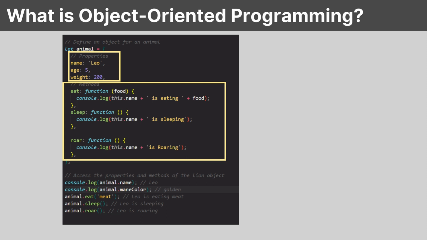Now, as you can see, we can use the dot notation to access the properties and methods of this animal object. We can also use the this keyword inside the methods to refer to the current object. This way, we can create and manipulate objects that encapsulate data and behavior in a single unit.